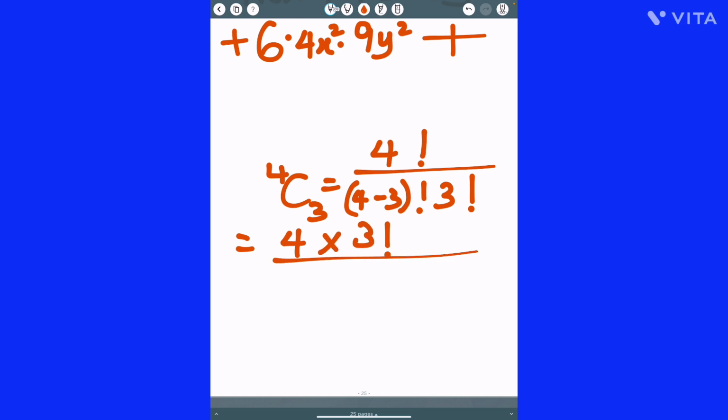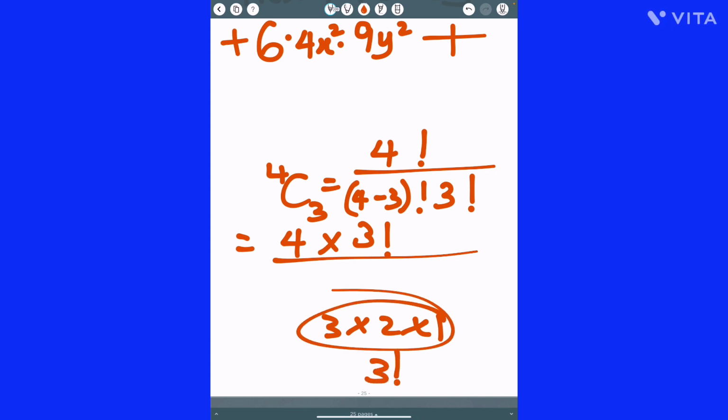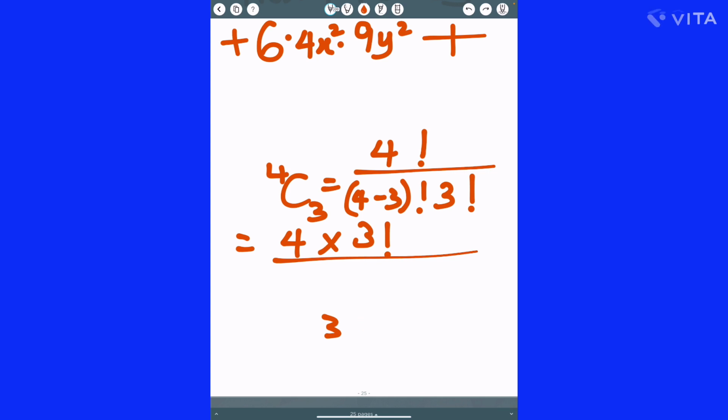I don't need to split it into 3 times 2 times 1. I can just write everything as 3 factorial. So 4 factorial is the same thing as 4 times 3 factorial. Then 4 minus 3 here is 1 with the factorial outside. That gives me 1 factorial, 3 factorial.